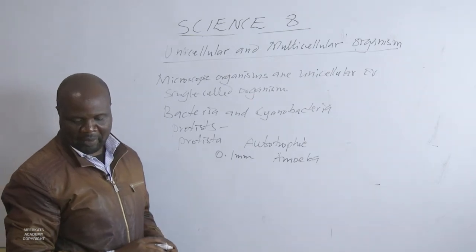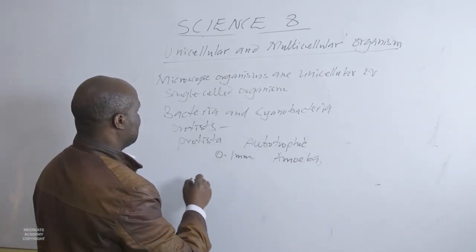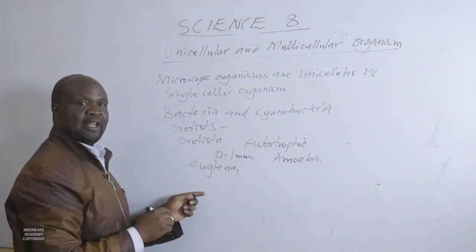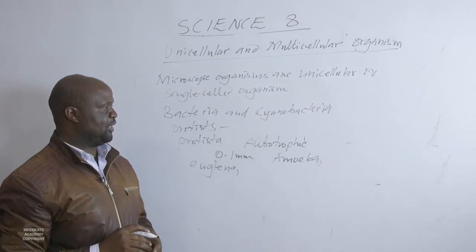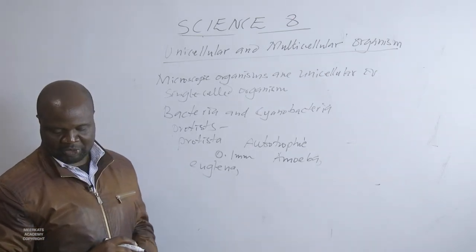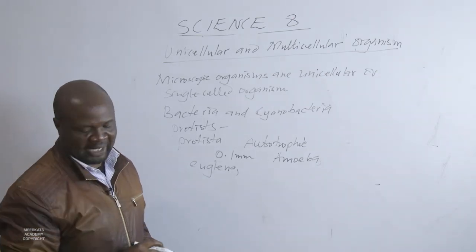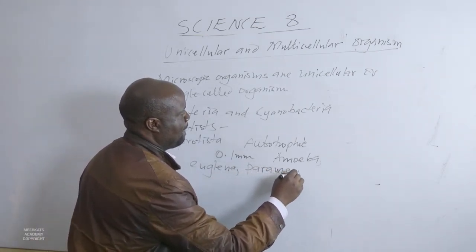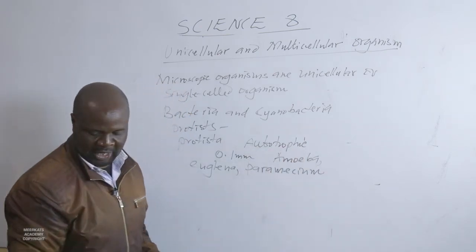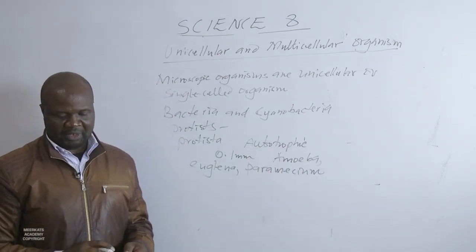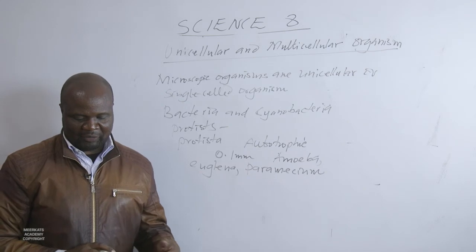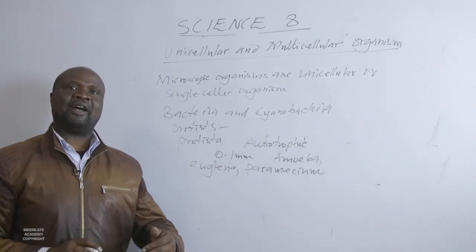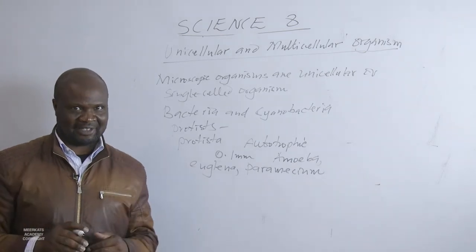We have euglena. We also have our friend Paramecium. Paramecium live in water, most of them. Others live in moist areas.